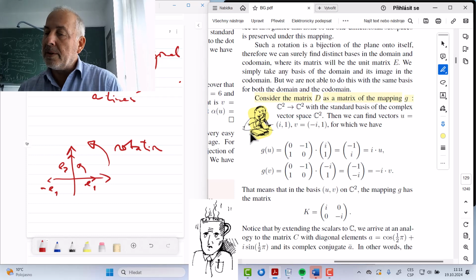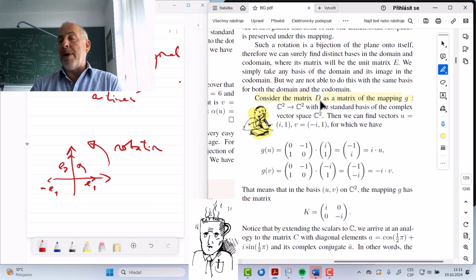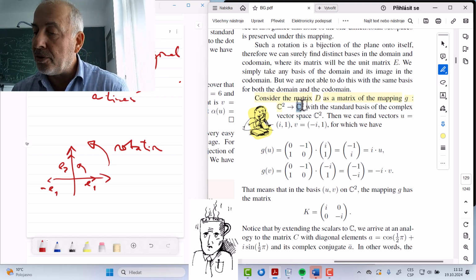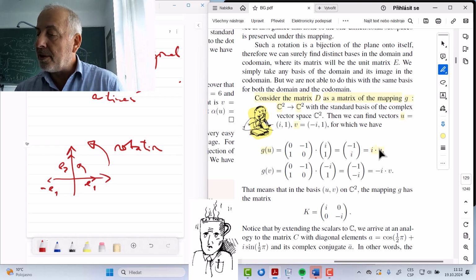And if I have a real matrix, I can still view the mapping it defines as a mapping of a complex plane into itself. Why not? And then you easily find vectors u and v which are actually mapped into their multiple. One of them is i multiple and one of them is minus i multiple.